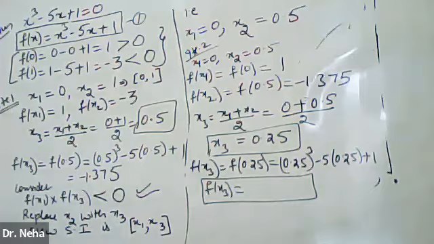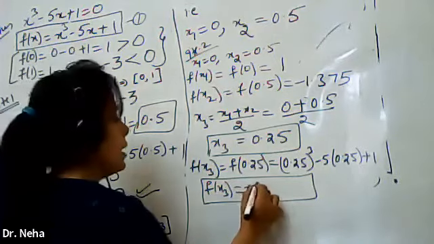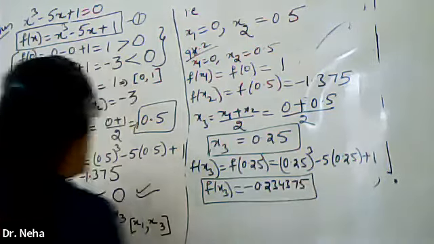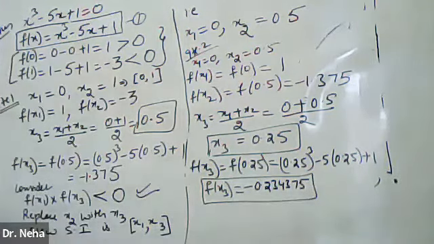I have f of 0.25 as minus 0.234375. If anyone is getting a different value, you can tell me. No, ma'am. Right value. Okay.